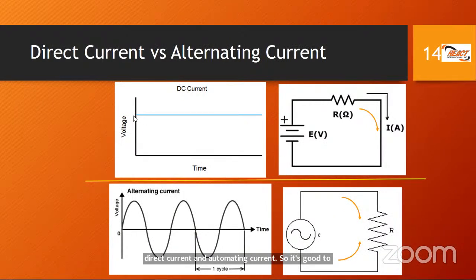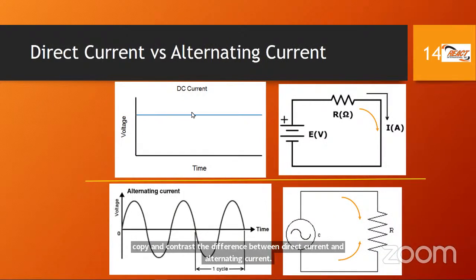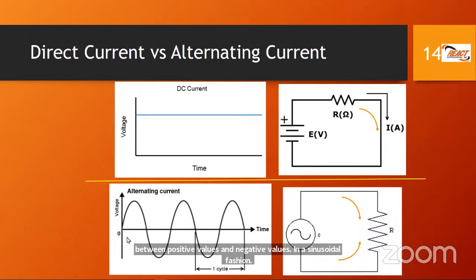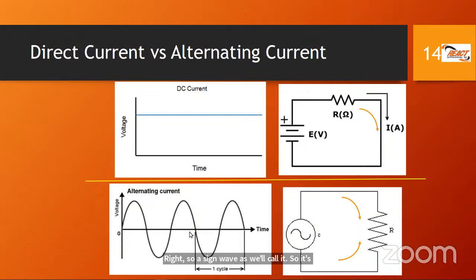We'll see that the voltage is one value, or at least it's positive, one value in direct current. In alternating current, we notice that it's switching between positive values and negative values in a sinusoidal fashion, right? So a sine wave, as we'll call it. So it's alternating. Again, this is one cycle, and the number of cycles in a second is called the frequency.